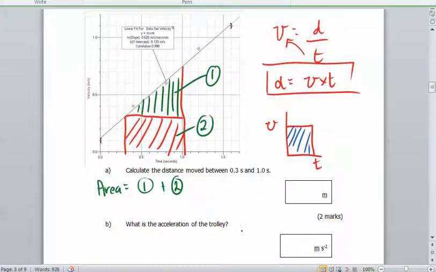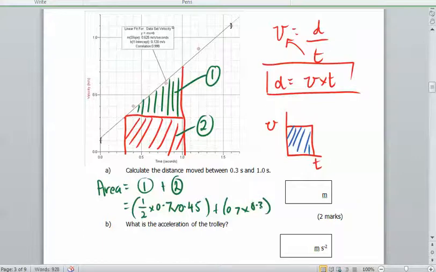Now, considering that 1's a triangle, of length 0.7, it's a half times 0.7, and the height of the triangle is what? I guess it's 0.45 maybe? Yeah? So we got 0.45 meters per second. And area 2 being a rectangle of 0.7 times 0.3.